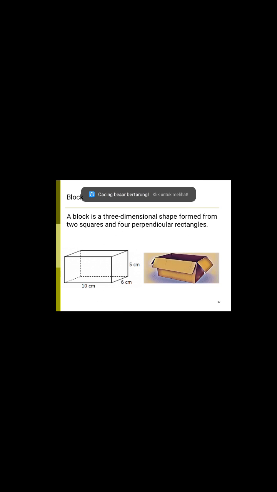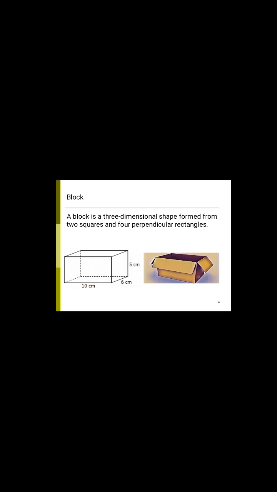Block. A block is a three-dimensional shape made from two squares and four perpendicular rectangles. The properties of the block are as follows. First, the sides of the block are square and rectangular.